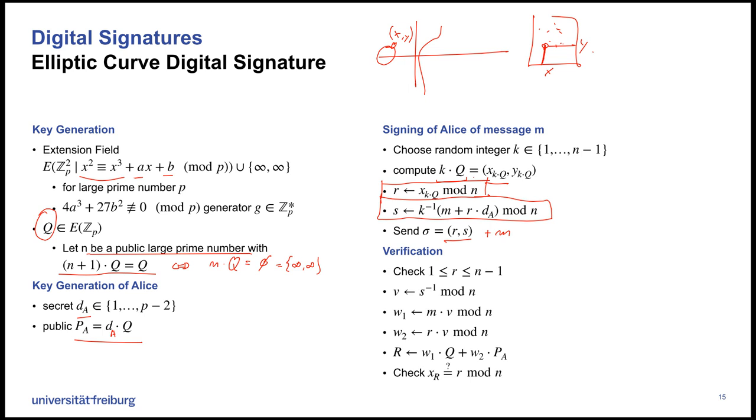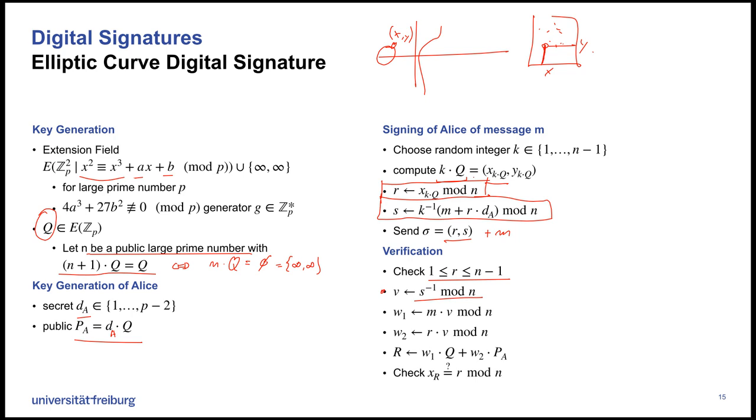So how can we check that this is the correct thing? First thing we have to do is check whether r is inside the scope, because there's an attack if it isn't. And then we compute v, and now we are not using the elliptic curves yet, we're just using modulo n.